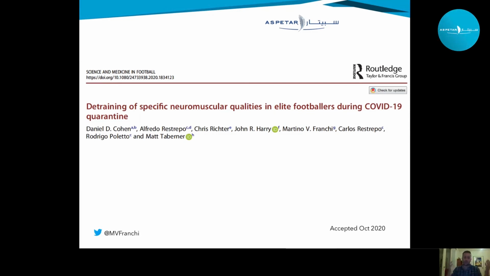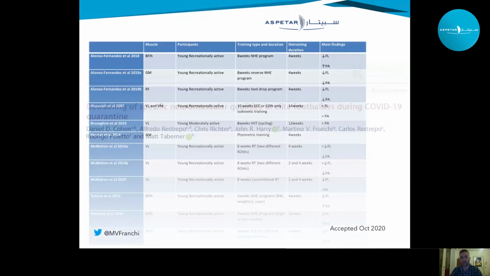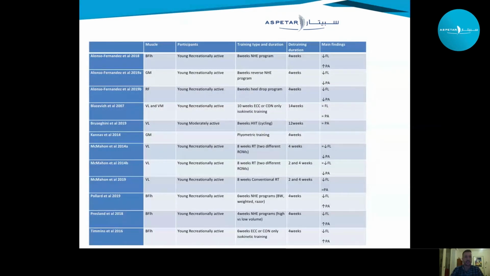Unfortunately, we did not have ultrasound, we did not have any MRI, so we cannot claim this, while we can just speculate. But what I can show you is that I'm preparing a little review on this because it was in my mind the whole quarantine.